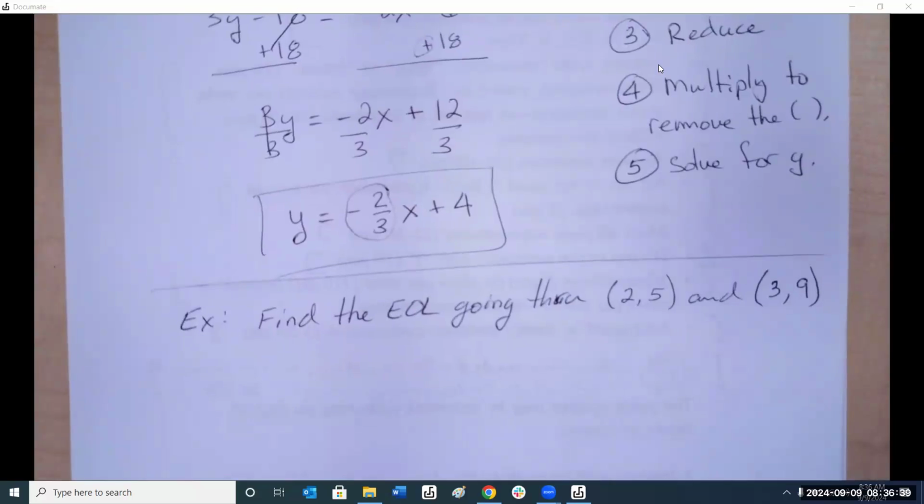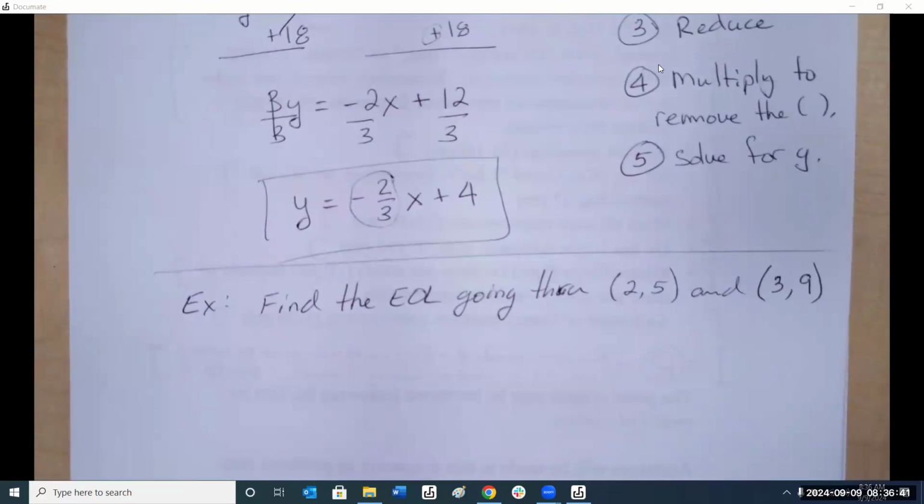If I gave you 2 points, the last one I gave you a point and a slope. This one I give you 2 points. Remember what we said earlier? To find the equation of a line, you need a point and a slope.